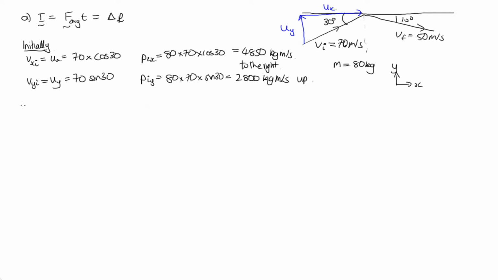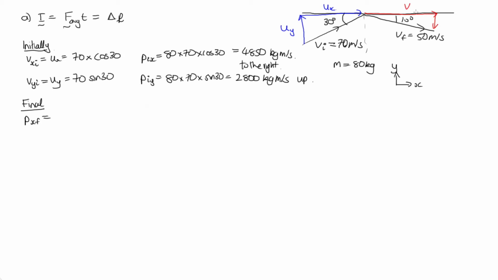And then we need to repeat this for the final momentum. And so we'll want px final. And so here we can split this velocity again into an x component and a y component.